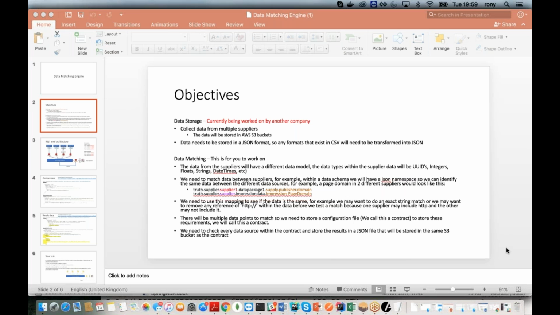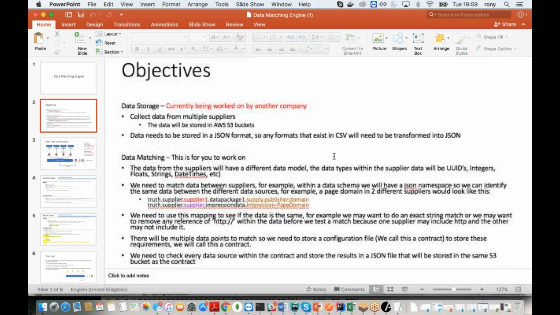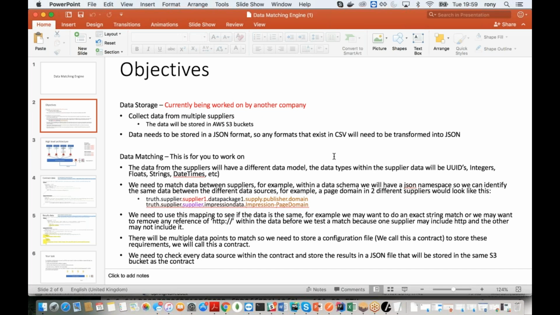In this one, they say we have data coming from advertising. You can imagine advertising data, their impressions, as they call it, coming from two sources in Amazon S3 buckets. And then they ask us to build a matching engine, right?